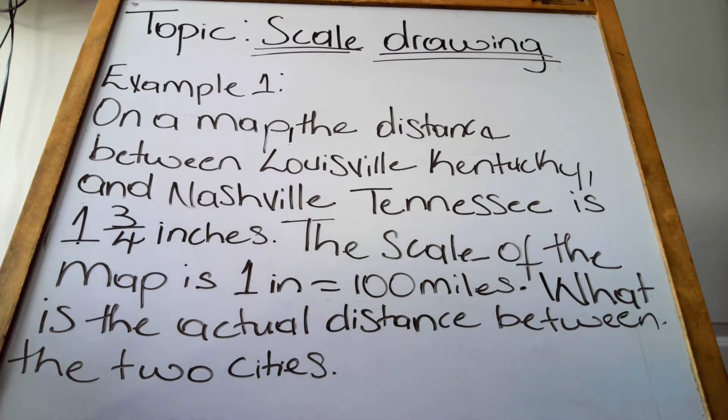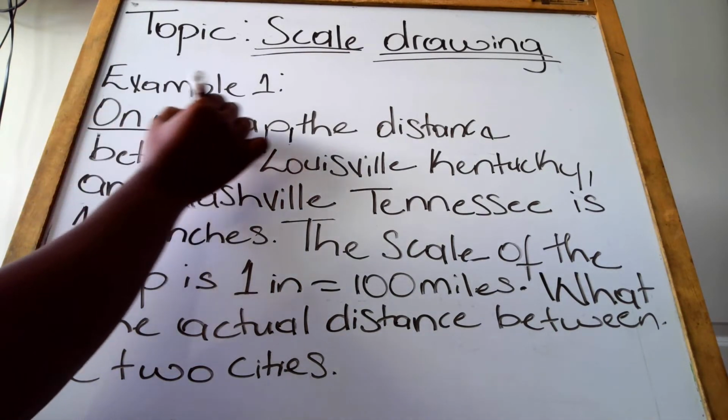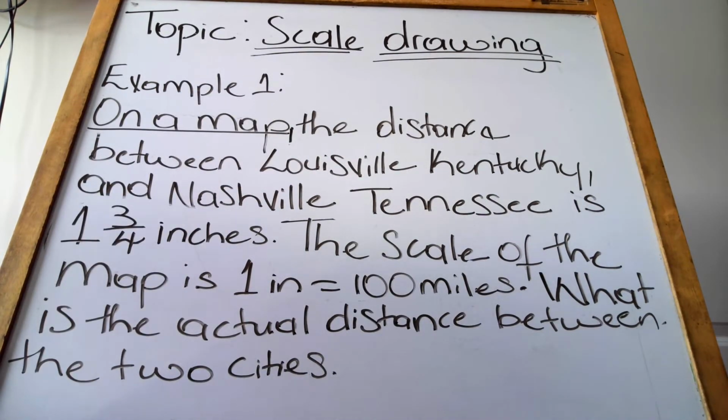Remember, once we have a word problem, we have to ensure that we identify the key components and what the question is asking us to find. Alright? So let's identify the key components. It says on a map. This is very important because when we see on a map, it tells us the measurement is going to be a scale length.